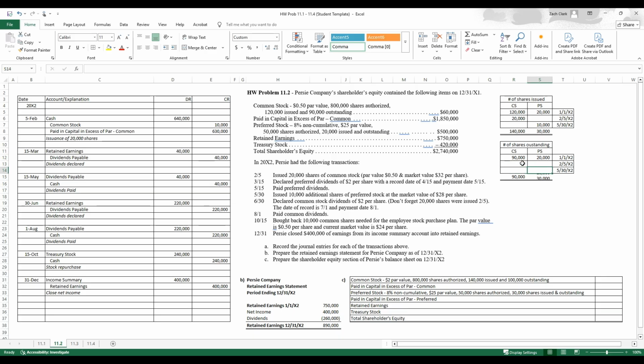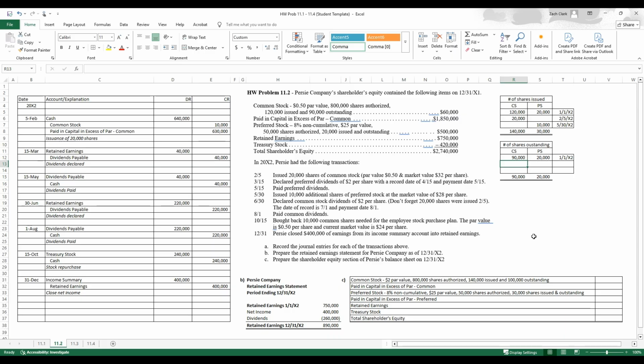And let's just get rid of that info. But then we bought back 10,000 shares. So we have 90,000 outstanding, then we bought back 10,000 shares.